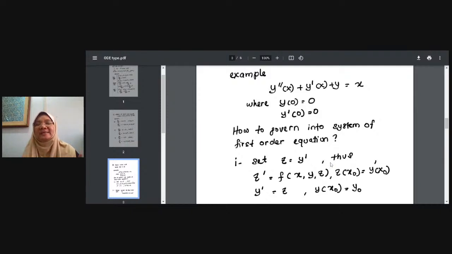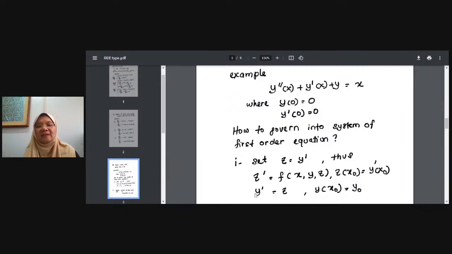You assume z is the first order derivative, and z prime is y prime prime, which is f of x, y, z, where we assume z of x naught equals y prime of x naught, which is given here: y prime of 0 is equal to 0.